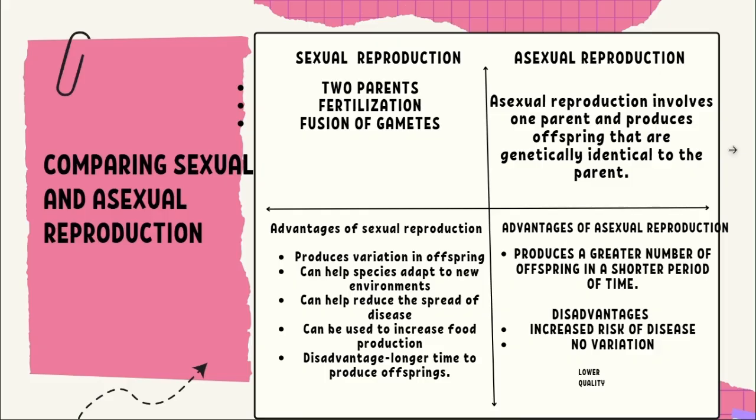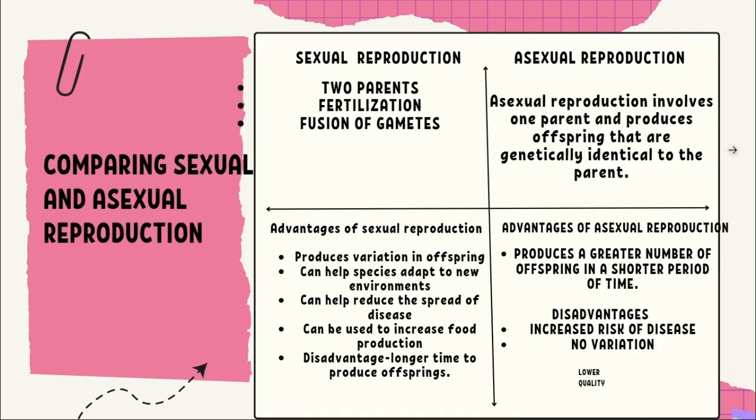One of the biggest things when comparing asexual and sexual reproduction is that asexual reproduction has only one parent involved. What's so unique about it is that the offspring are literally identical to the parent.